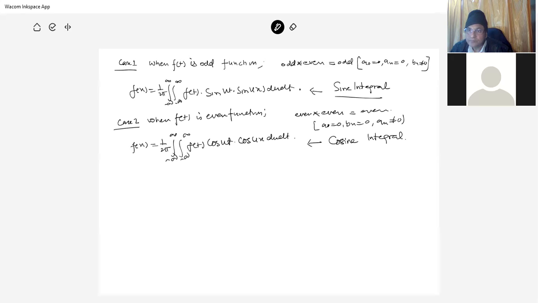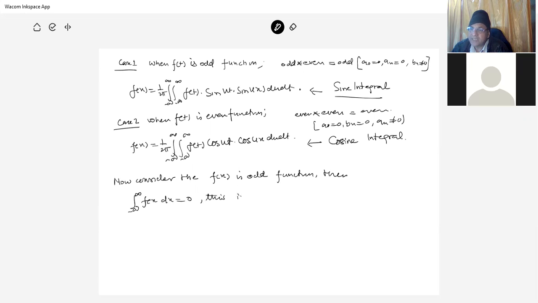Now consider the function f of x is an odd function, then the integral from minus infinity to plus infinity of f of x dx is equal to 0.